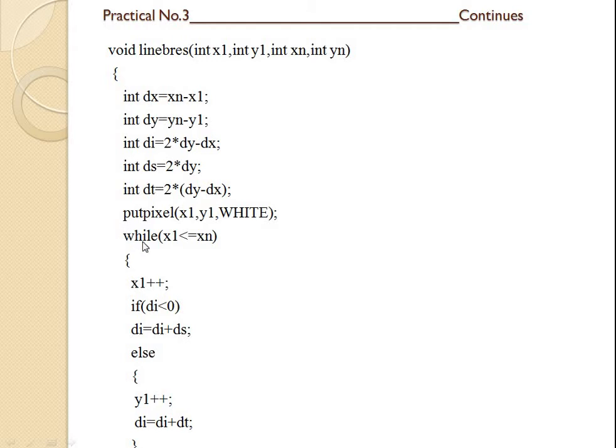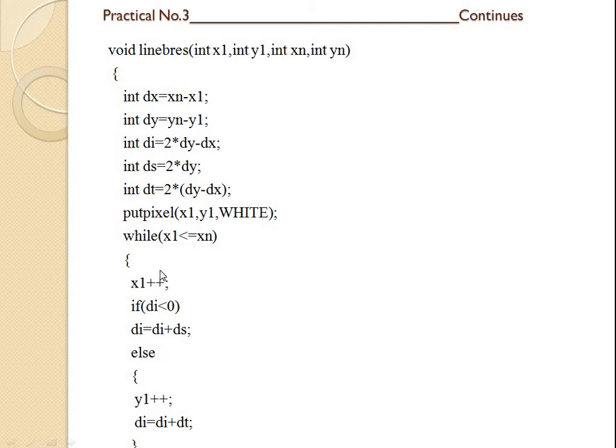Then there is a loop, a while loop, with the condition x1 is less than or equal to xn. If this condition is true, then control goes to the next condition.